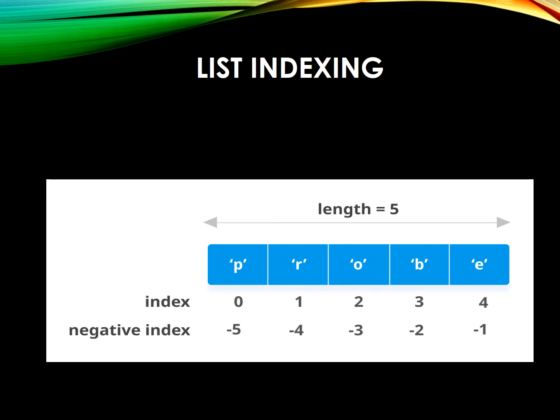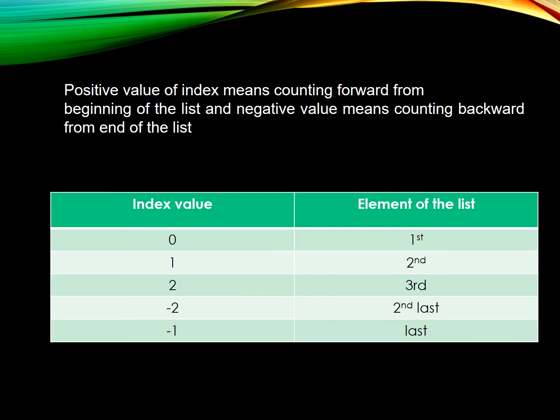So, from the left side, the indexes are positive indexes, and from the right side of the list, the indexes are negative indexes. Positive value of index means counting forward from the beginning of the list, and negative value means counting backward from the end of the list.